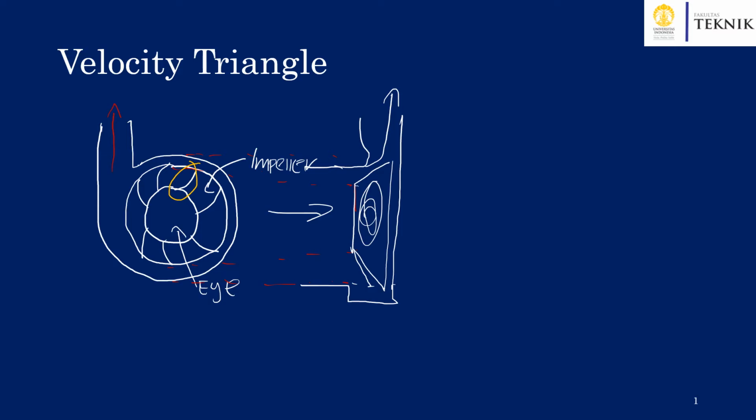This is to make the analysis simpler. On the previous slide, we already discussed the parts of a turbo machinery. So now we know that the impeller has the eye of the impeller, and at the eye of the impeller we have the inlet.